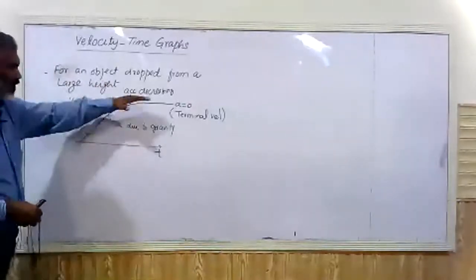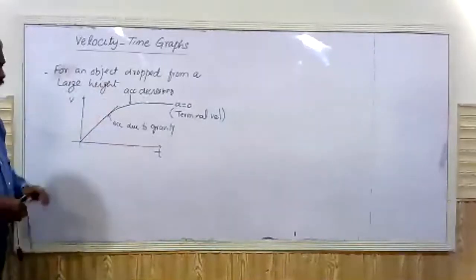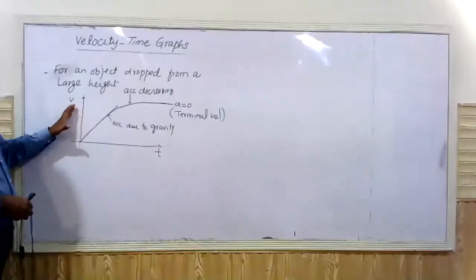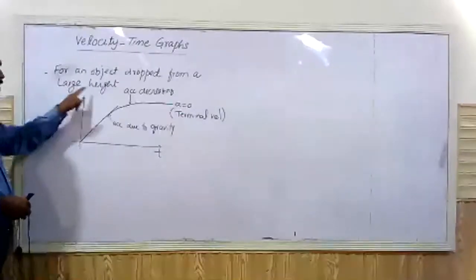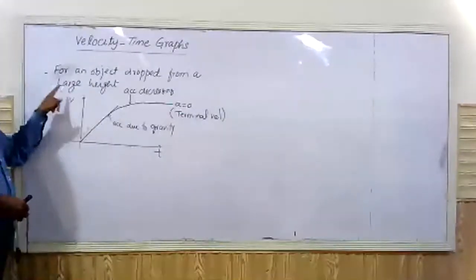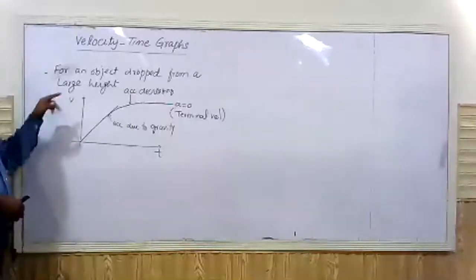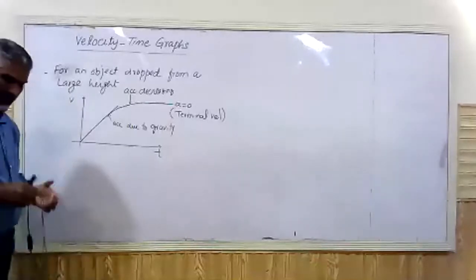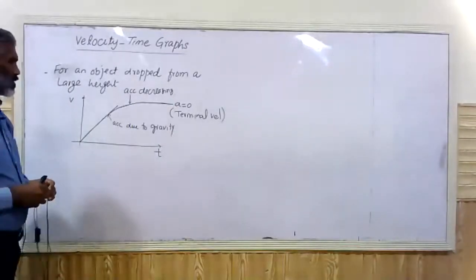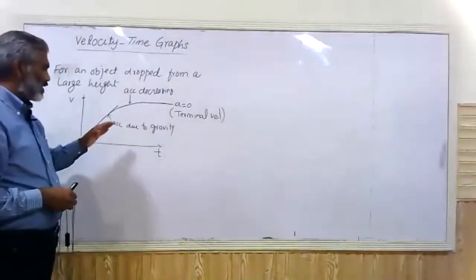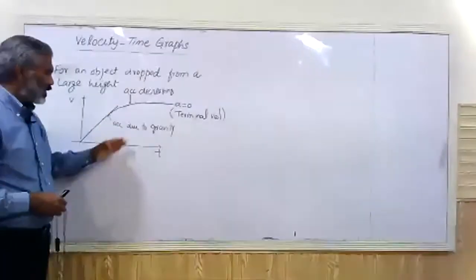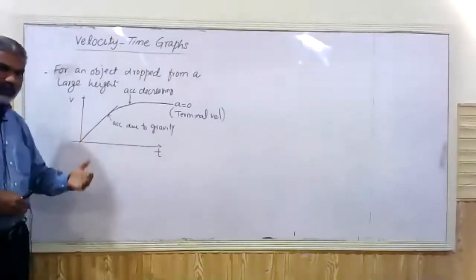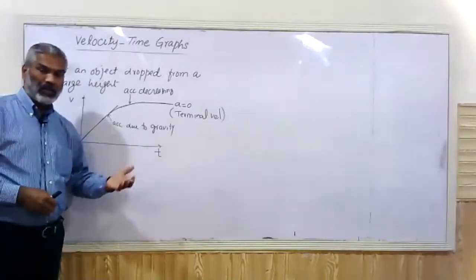So this is always the shape of the velocity time graph for an object which is dropped from a large height, from the top of a tall building, or from a high cliff. Any word like this will indicate that air drag is appreciable. So in the presence of air drag, acceleration cannot remain constant, although initially air drag is not that appreciable, because I told you it increases with the speed.